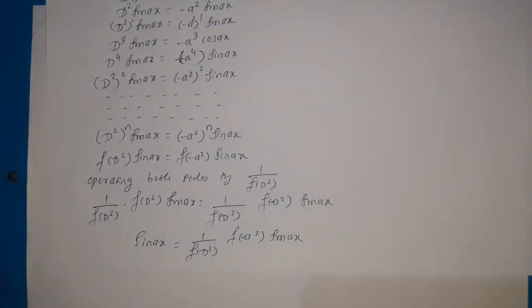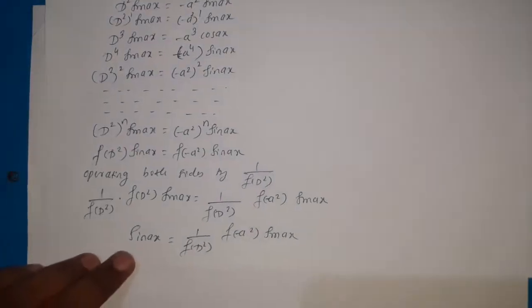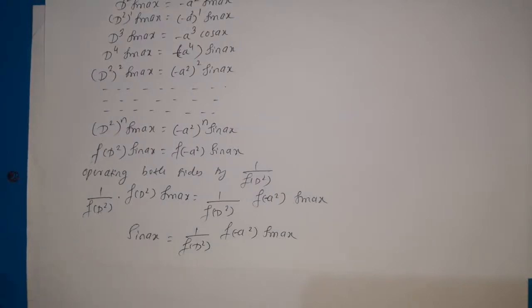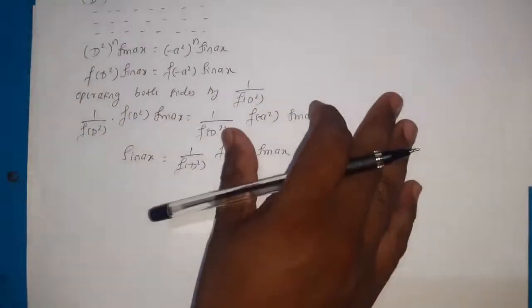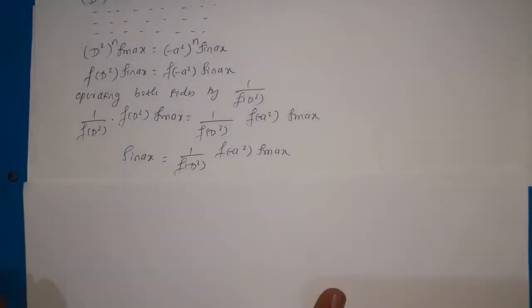So here, 1 by f of D square f of minus a square sin ax is equal to 1 by f of D square times f of minus a square sin ax.